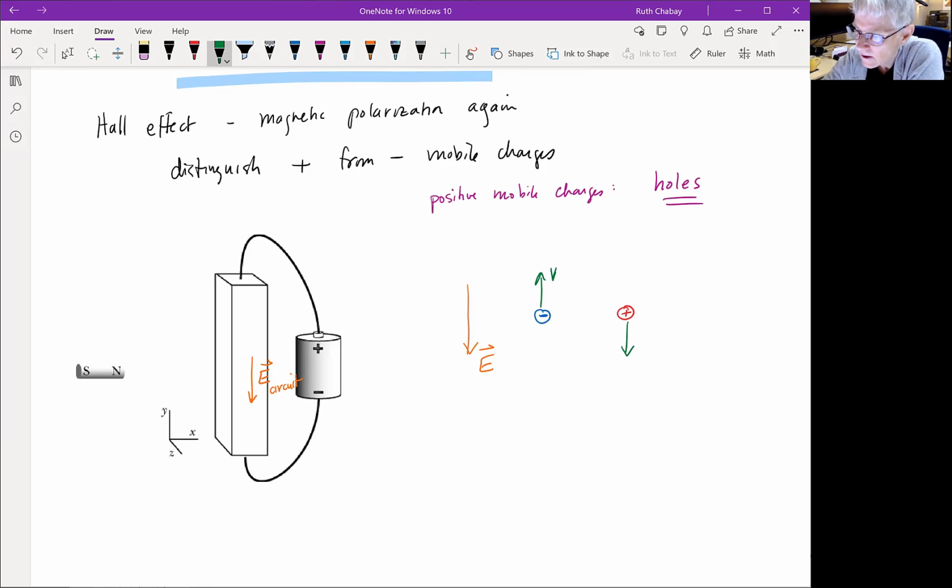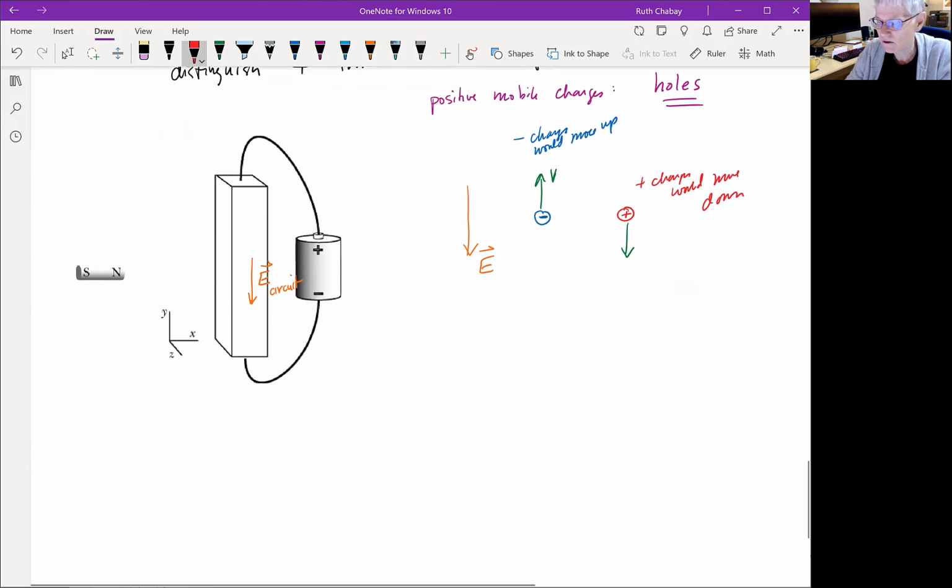So minus charges would move up and plus charges would move down. Now let's just consider the two cases and see what happens.